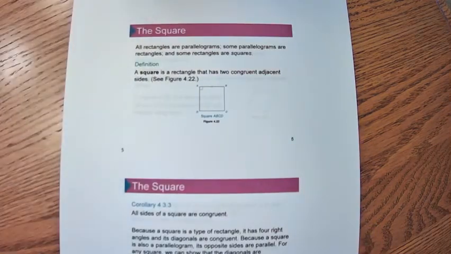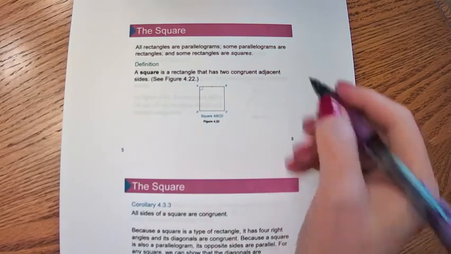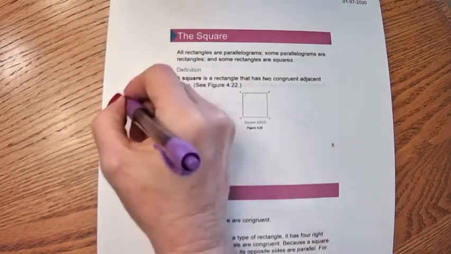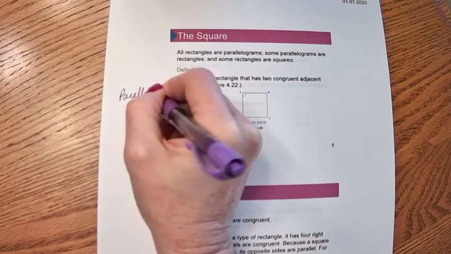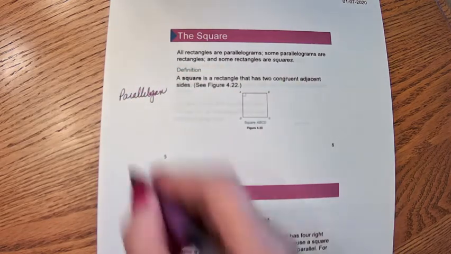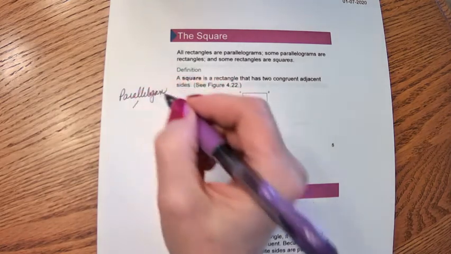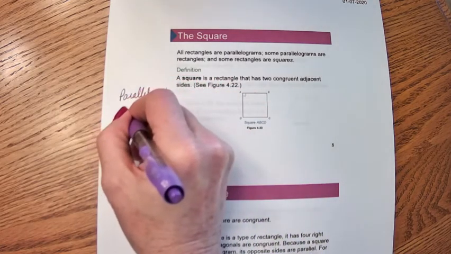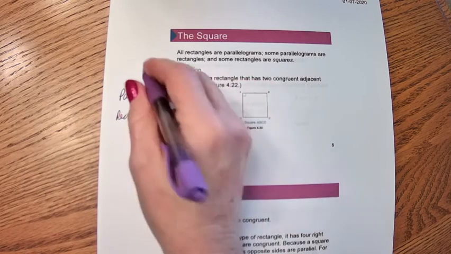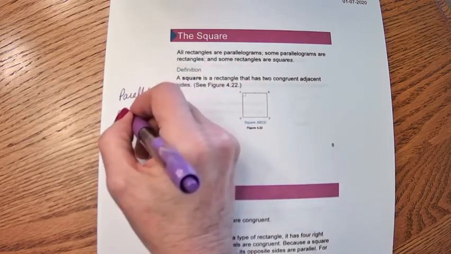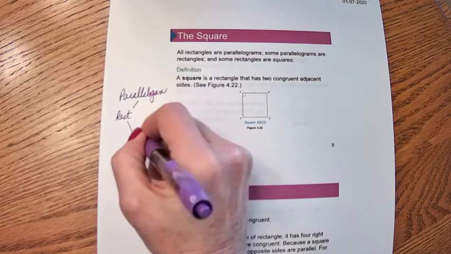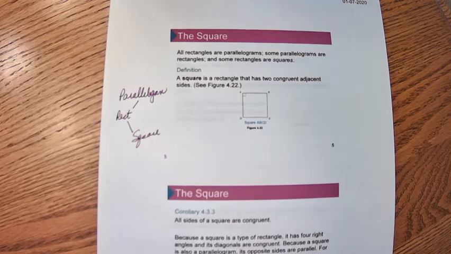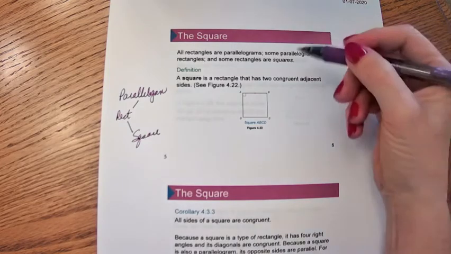Now, this book introduces square right after the rectangle. So let's put this in order here. We have parallelogram, and underneath parallelogram, which comes under quadrilateral, we have rectangle. And a square is a very special type of rectangle. A square is actually a rectangle.